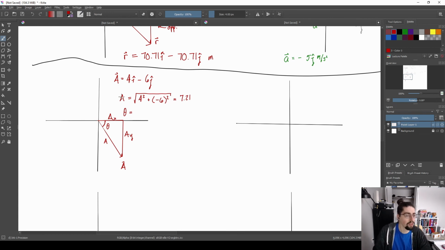So I will say theta is equal to inverse tangent, or arctangent, of the opposite side, this one, over the adjacent side, A of x. And I'm going to take the absolute value of each of these things to remove any such agency. So when I do that, my calculator spits out a number, 56.3.